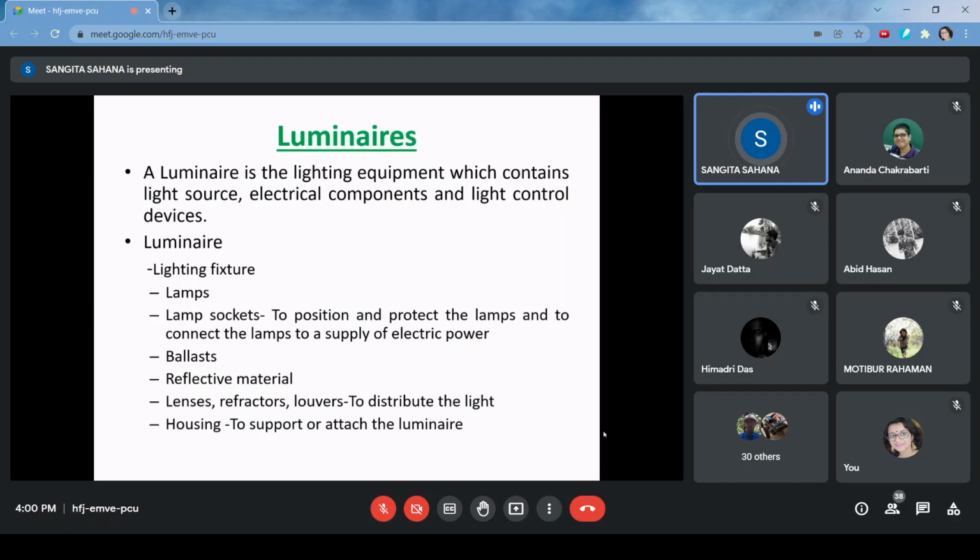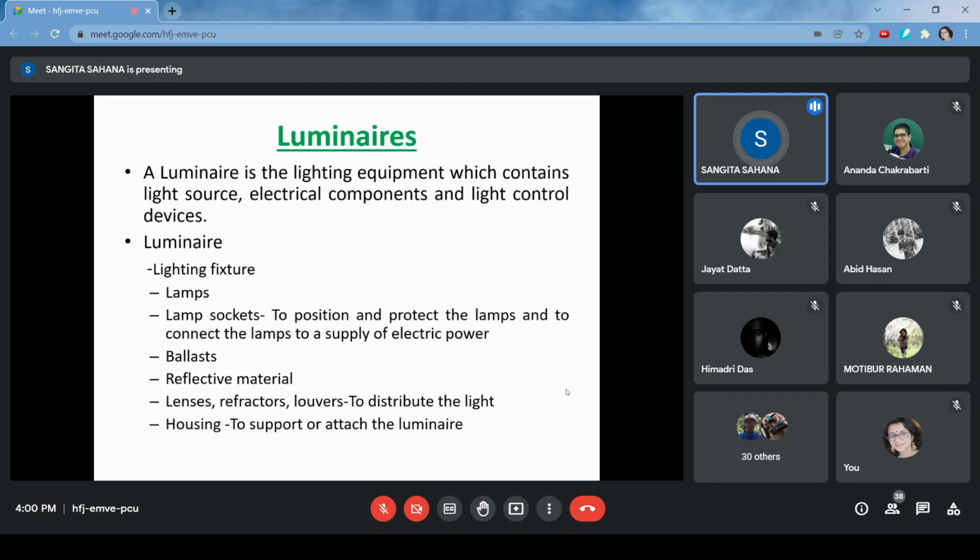So, what is a luminaire? A luminaire is lighting equipment which contains the light source, electrical components, and light control devices. If you use a bare lamp with a holder, that is only the bare lamp. But if the lamp is placed within any kind of lighting equipment, like the street lights, there you cannot see the bare lamp.